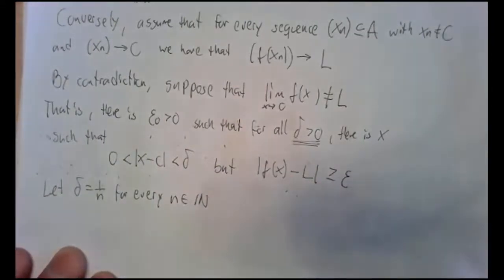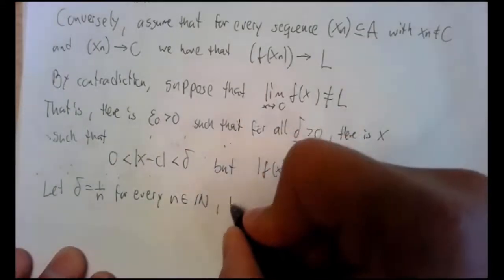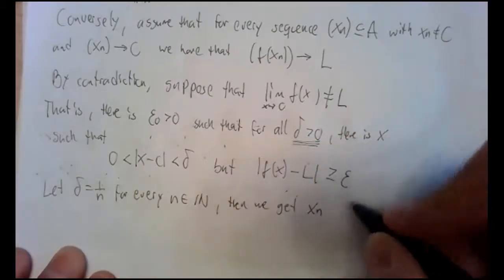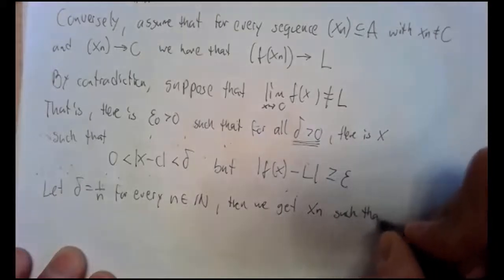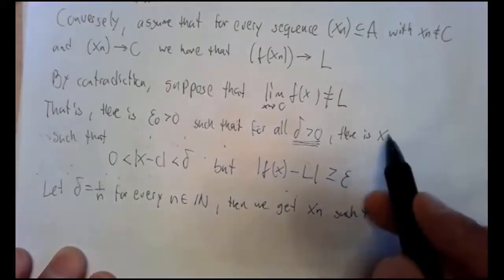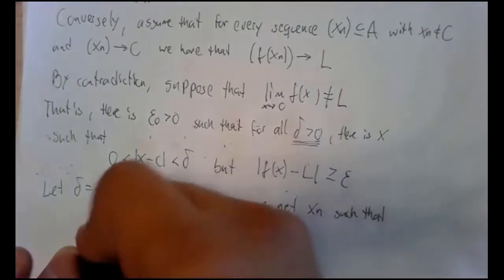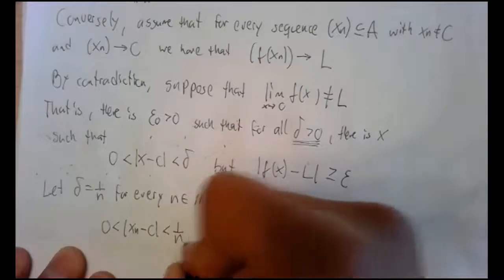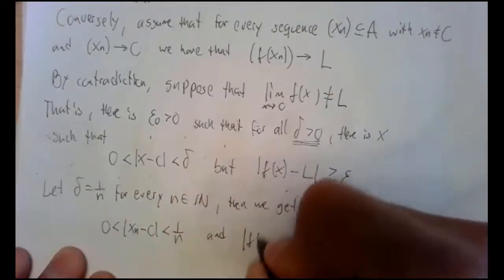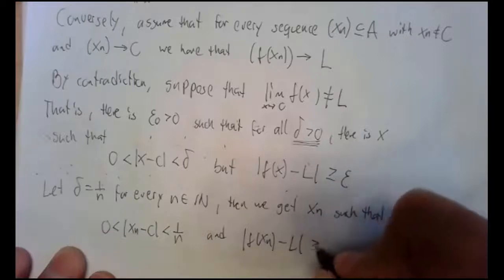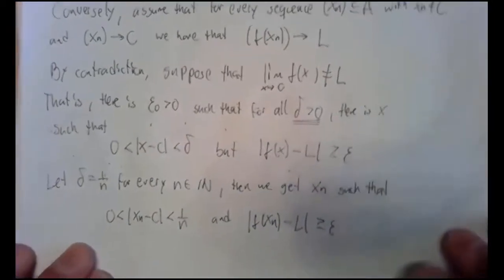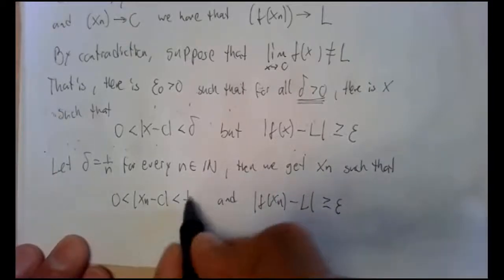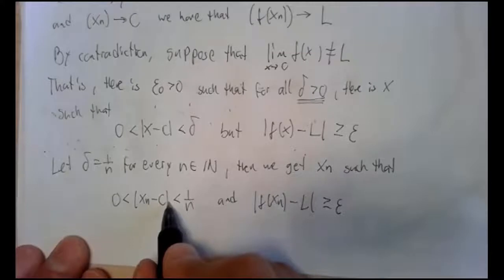Then what do we get? We get xn, the one that goes with delta equals 1 over n, such that this happens and |f of xn minus L| is bigger than epsilon. We're almost done, because this means that xn approaches c, right?